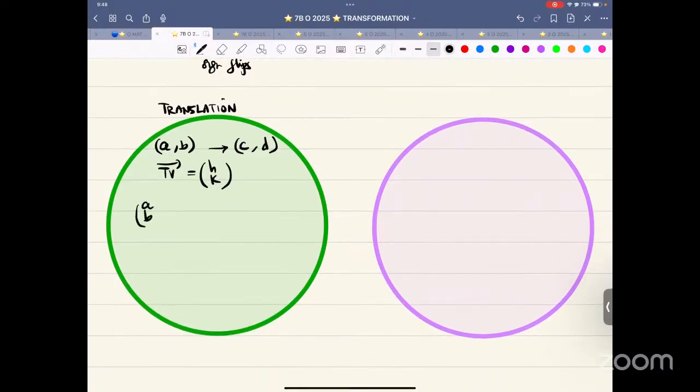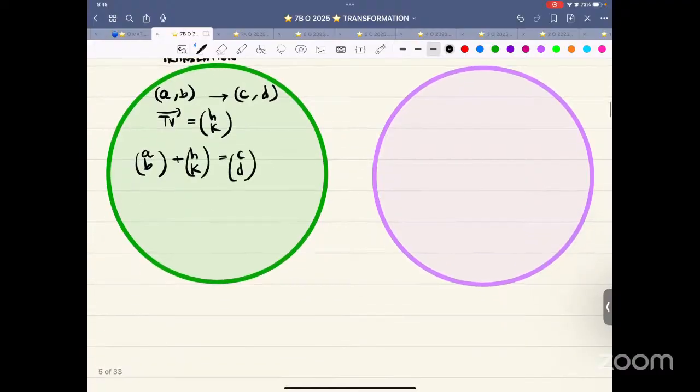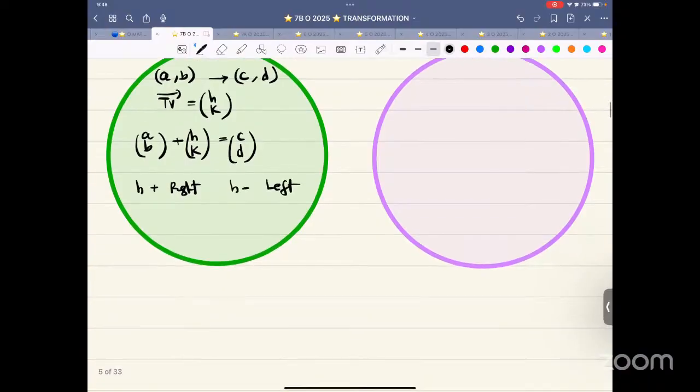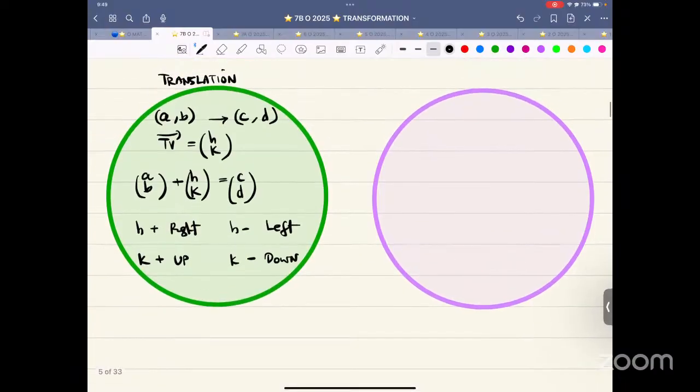So (a, b) plus (h, k) equals (c, d). If h is positive, it moves to the right. If h is negative, it moves to the left. If k is positive, it moves up. If k is negative, it moves down. That is the basic logic.